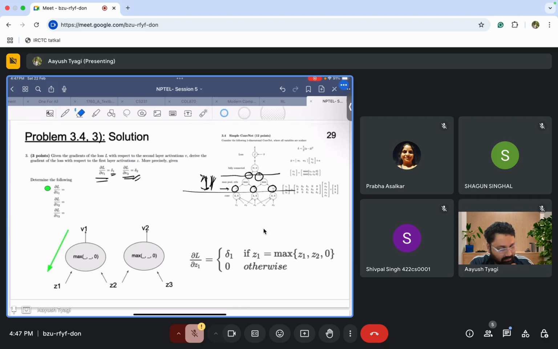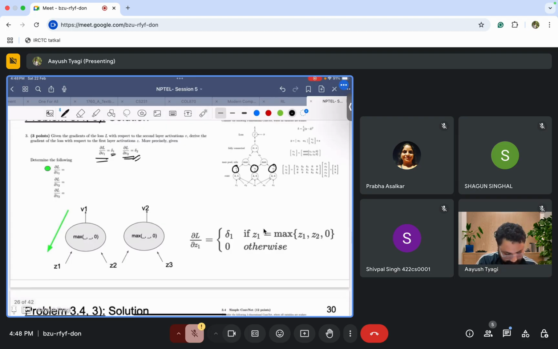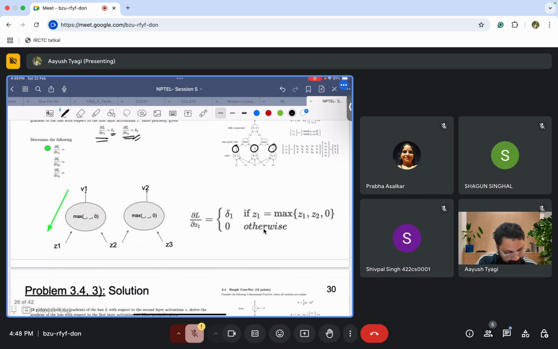So it's basically a max operator, right? This max operator takes two inputs, Z1 and Z2, and this max operator takes two inputs, Z2 and Z3. So how does the gradient backpropagate? We make an assumption: suppose Z1 has the maximum value.